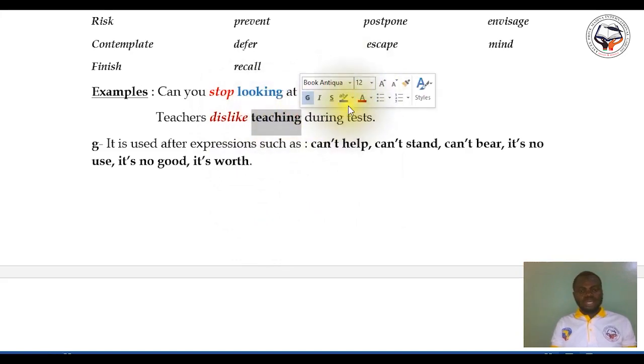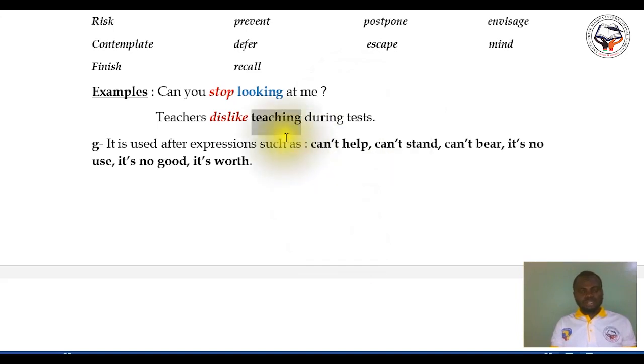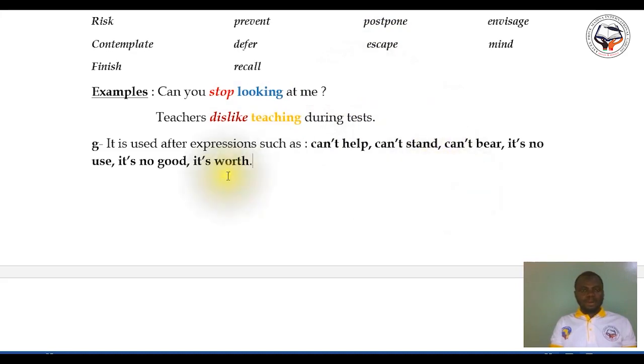So teaching is the gerund. Okay, teachers dislike teaching during tests.